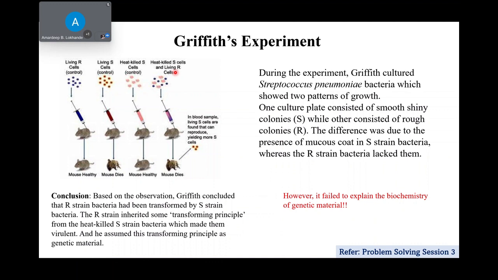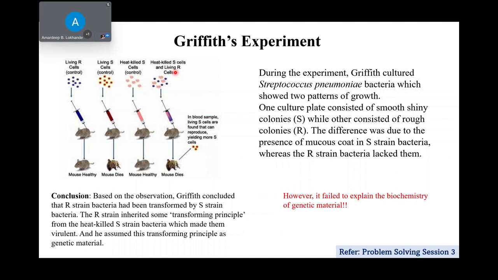So to identify the genetic material, this was the experiment that was carried out, which is by Avery, McLeod, and McCarthy. So what they did is, they said, okay, there is something in the heat-killed S strain, so we'll extract all the proteins and the biomolecules and then check which of these molecules actually does the effect.